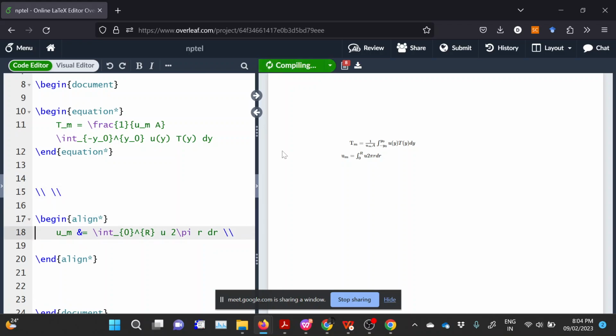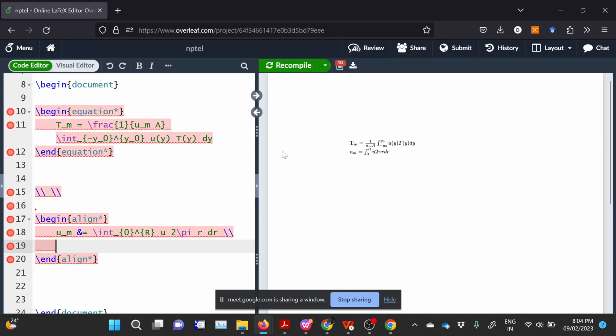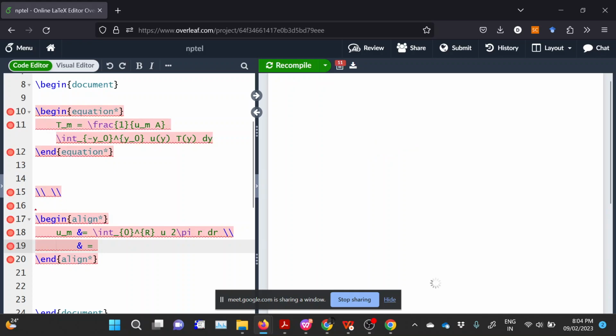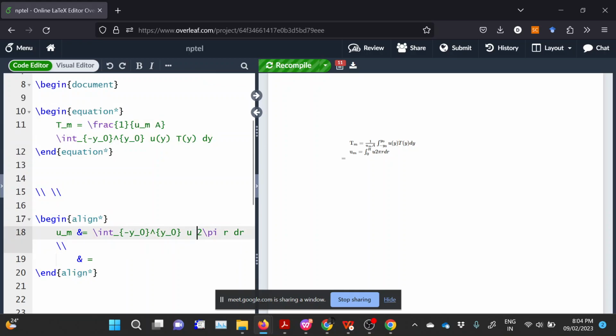Then we are going to look at how to find out um in the denominator. Okay, this is not right. I'll utilize this, u(y) dy.